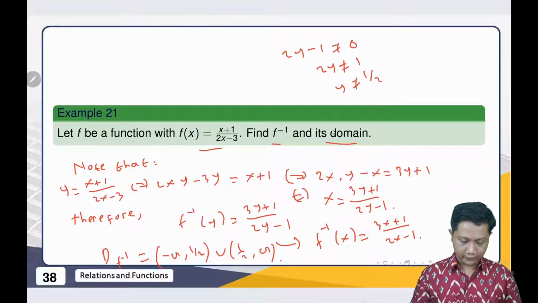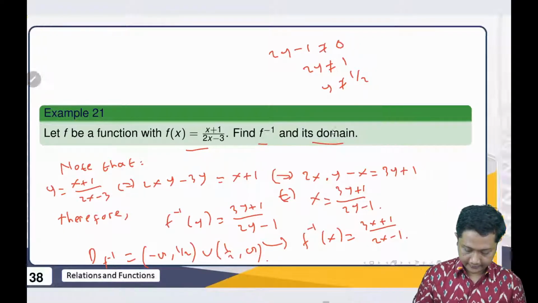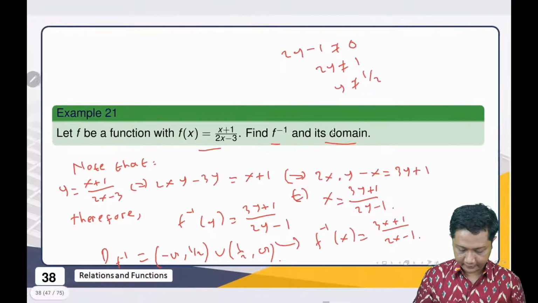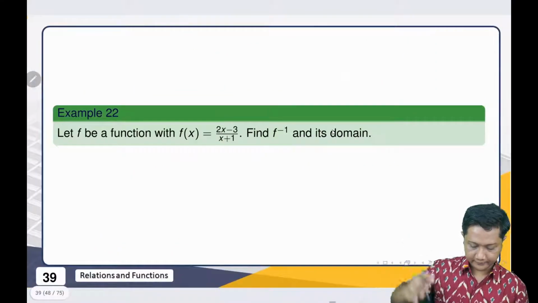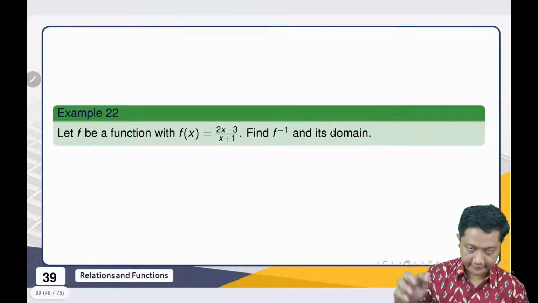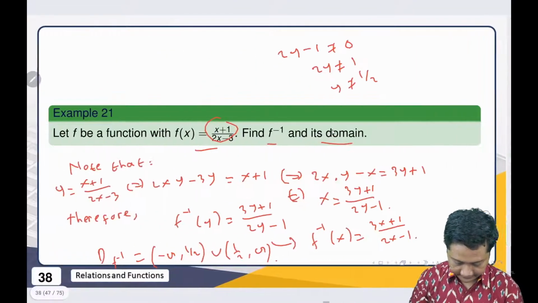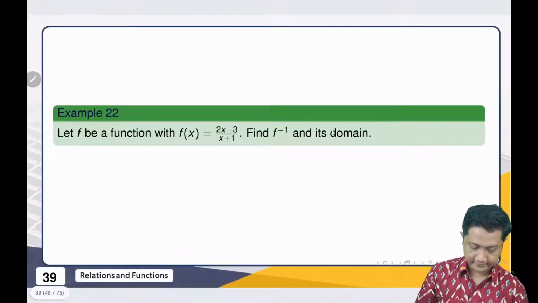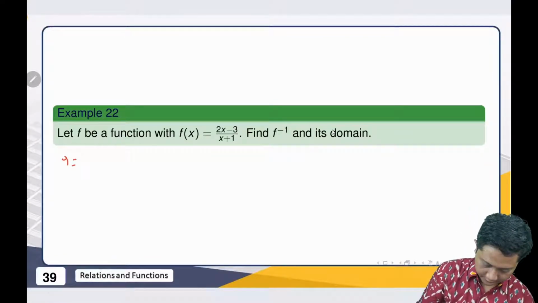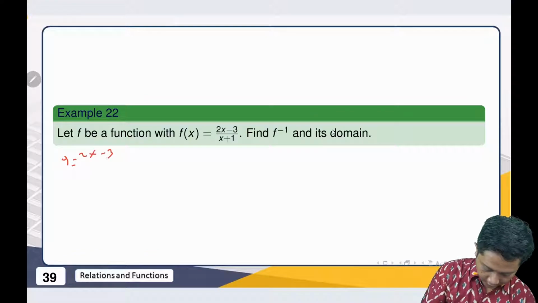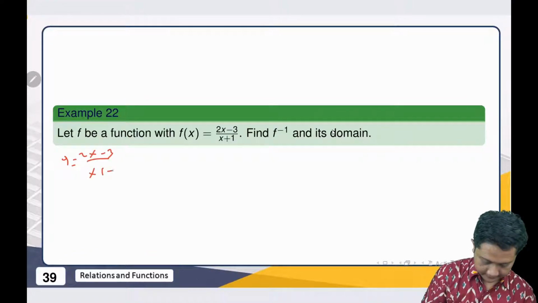So that is the first example, and for the second example we try to see if we flip or take the reciprocal, then what happens here. The process is almost the same. So we have y equal to (2x-3)/(x+1).